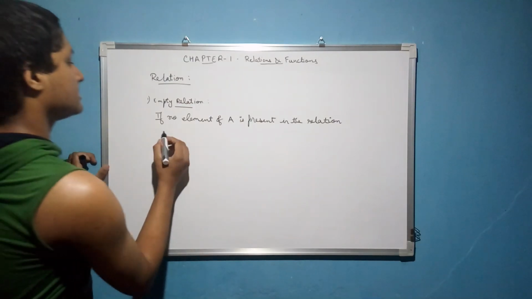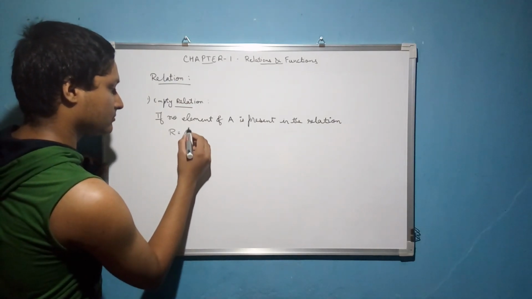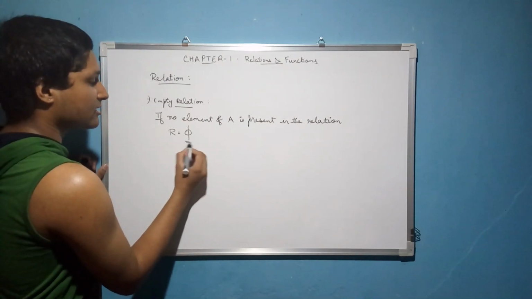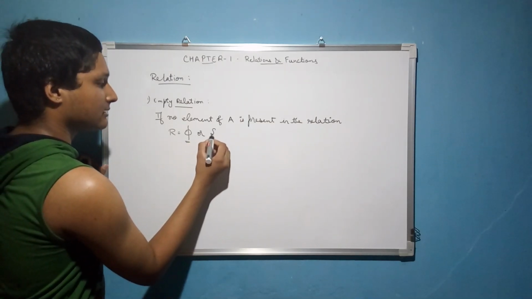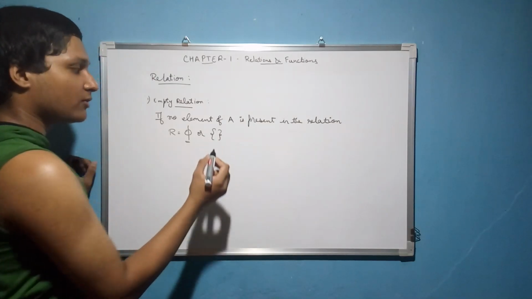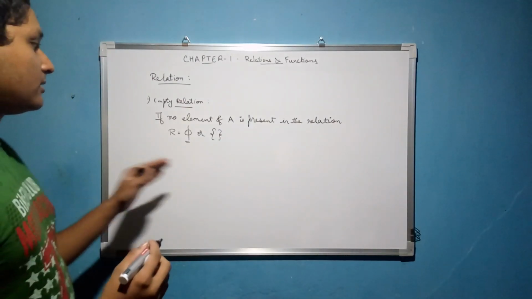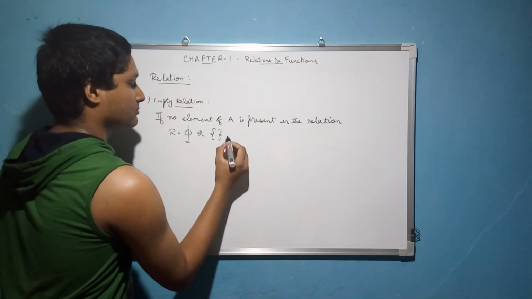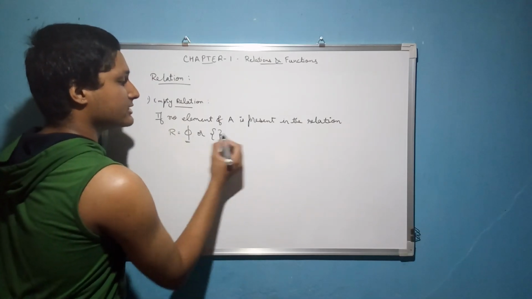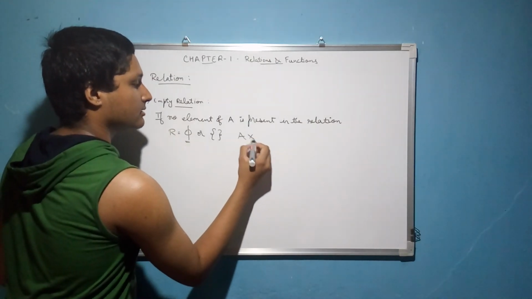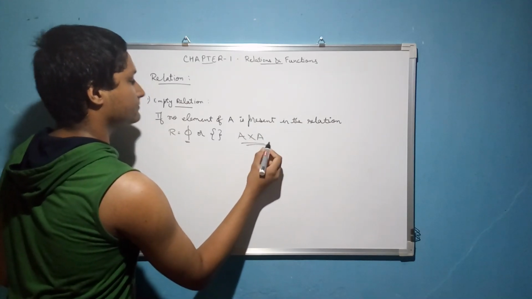You represent the null set like this, with no element over there. And this relation is based on A cross A.